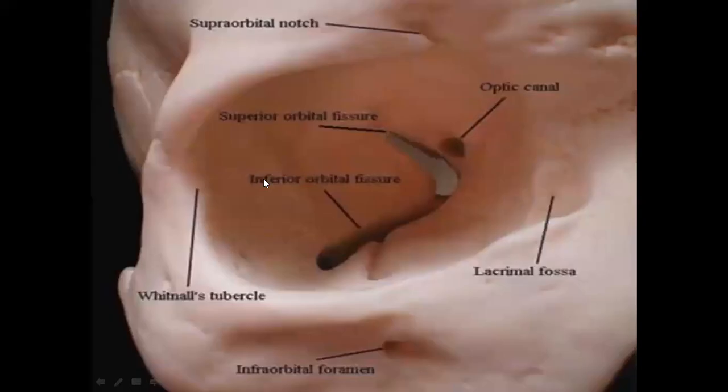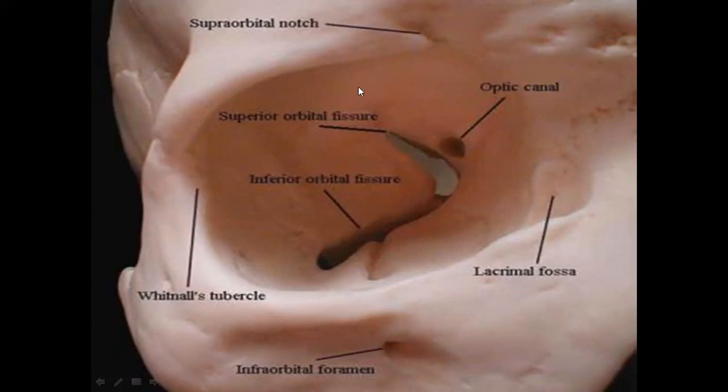The next one is the optic canal, which is situated at the posterior part of the roof of the orbital cavity. This allows the optic nerve and ophthalmic artery to pass through. The next one is the supraorbital notch, which allows the supraorbital nerves and vessels to pass through.